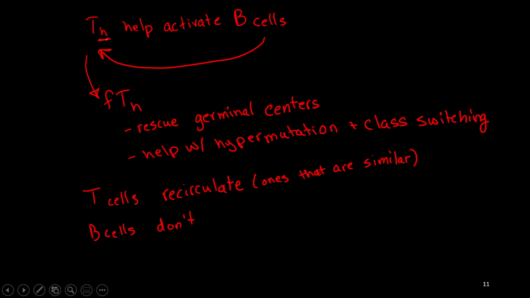And so it goes to the different lymphoid organs and helps activate the different B cells that are there that might be a fit for the type of invader that's present. Meanwhile, the B cells, where do they get activated at?